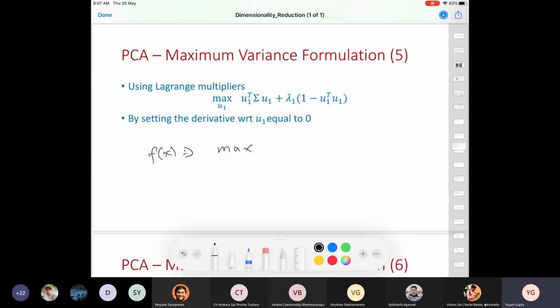Our equation was to maximize u1 transpose sigma u1, where u1 is our variable, because different u1s will give me different variances. I am interested in finding that u1 which gives me the maximum variance. And I have a constraint, let me call it gx, where the norm of u1 should be equal to 1, so u1 transpose u1 should be equal to 1, because we are squaring it up.